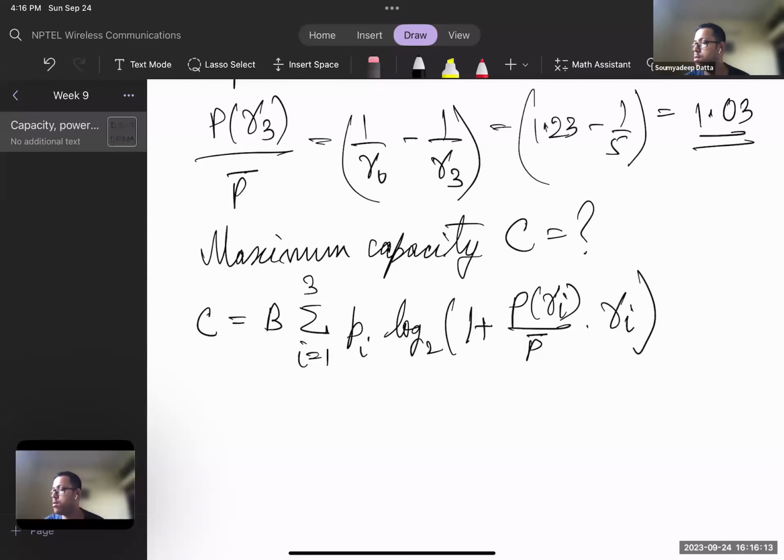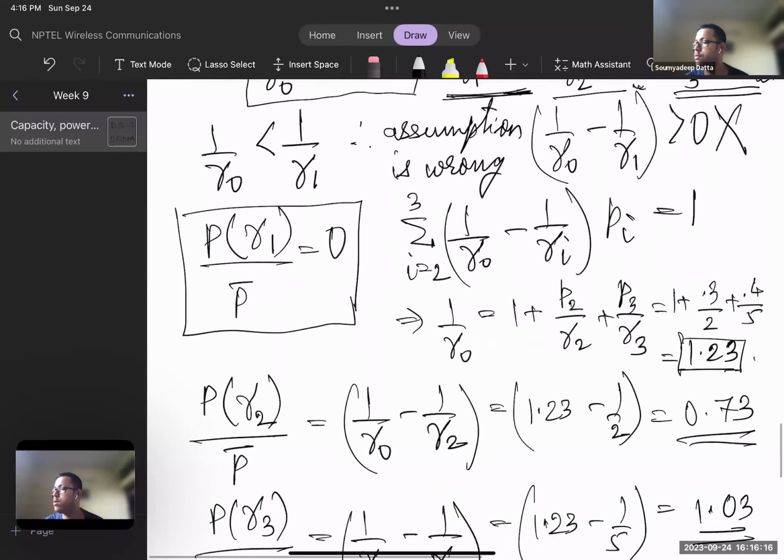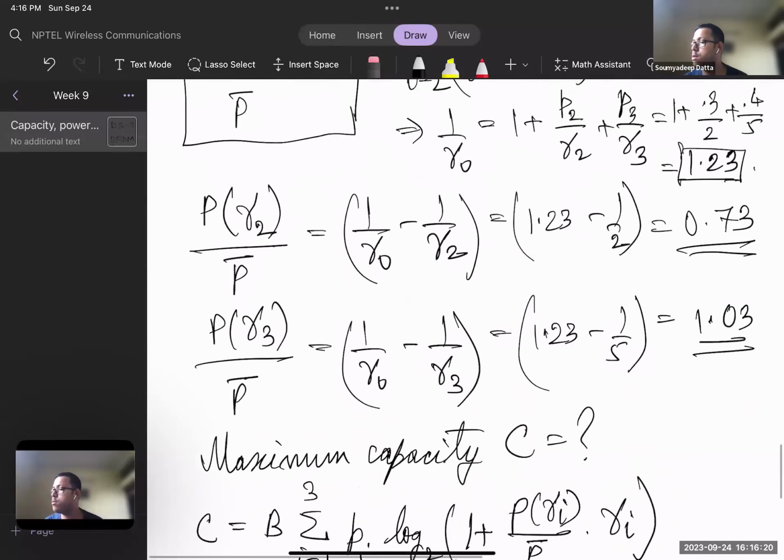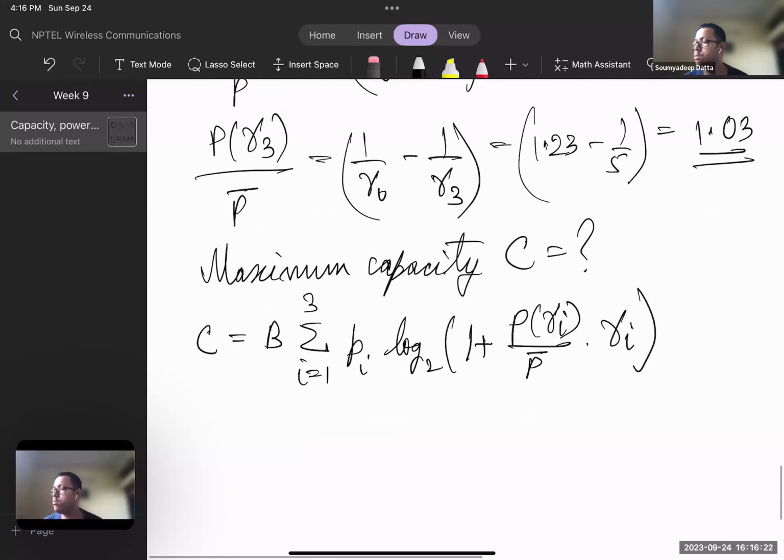Now we know that for the first channel we are allocating zero power, so that doesn't contribute. If you put zero here, log of 1 is 0, so that doesn't contribute.